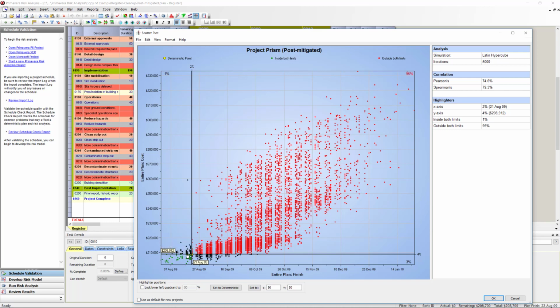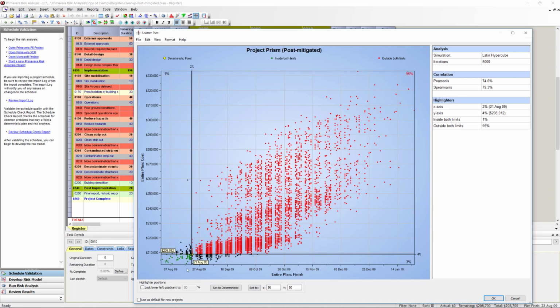So the deterministic date and the deterministic cost, because they were derived from maybe Microsoft Project or Primavera P6, just using the normal critical path method of scheduling. Okay, we are all familiar with that. But guess what?